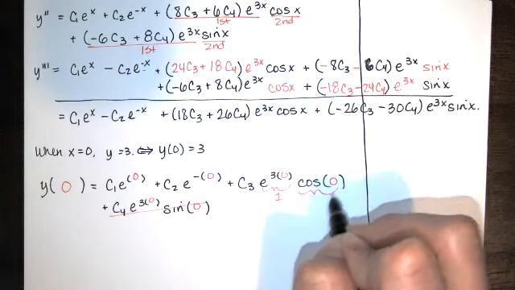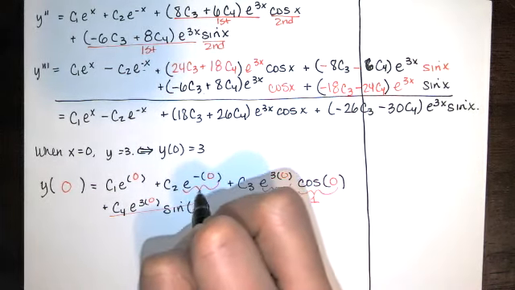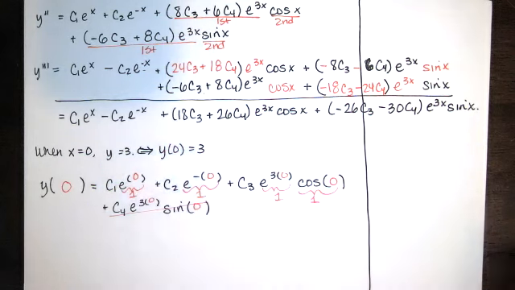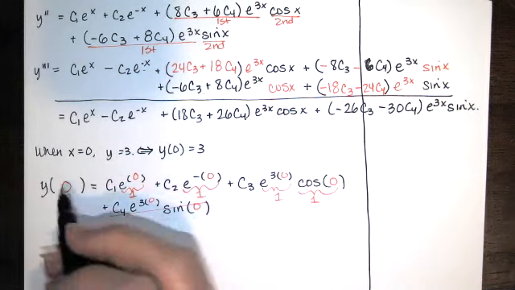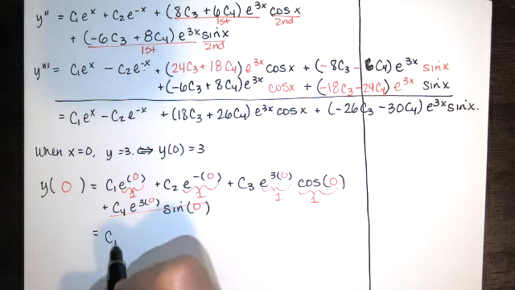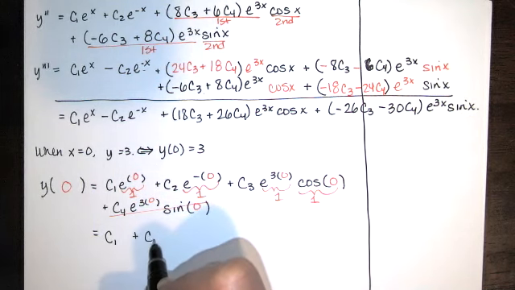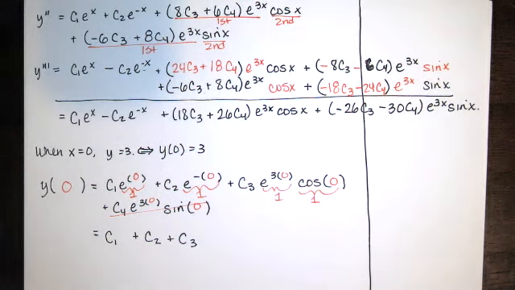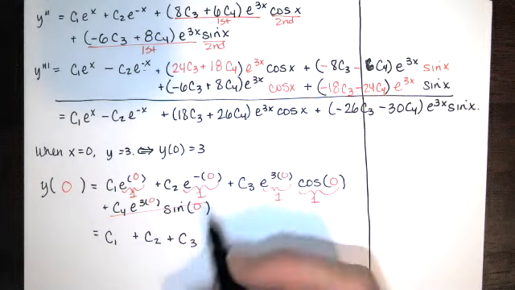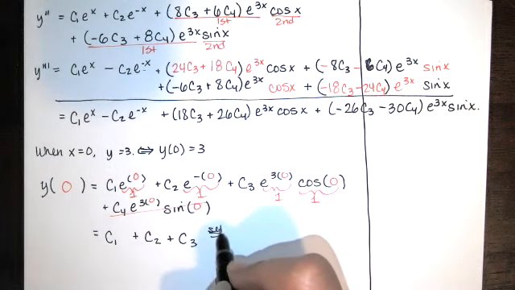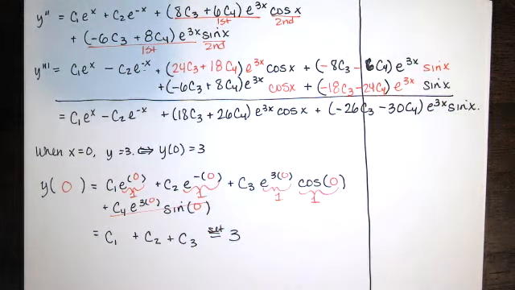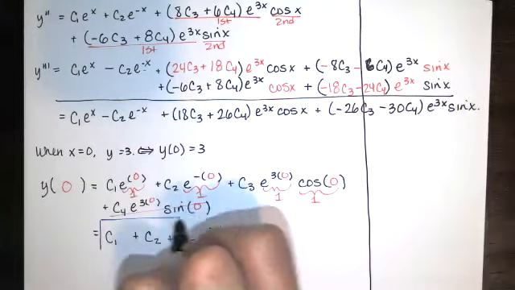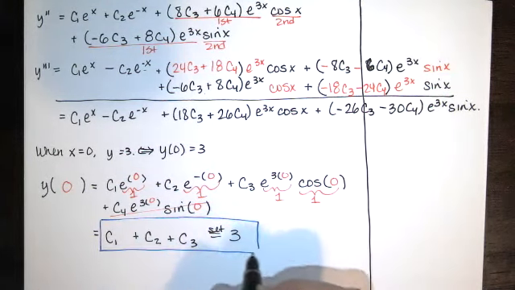E to the 0 is 1, cosine of 0 is 1. So we end up with y of 0 equals c1 times 1 plus c2 times 1 plus c3 times 1 plus c4 times 0, which is 0. That has to be equal to 3. We're looking for 4 equations with 4 unknowns. That is our first equation.